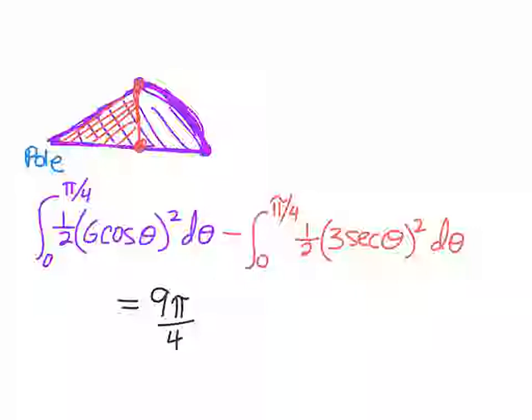Because a counterclockwise movement will give you a positive angle, which would create a positive area. Because really, every 1/2 r squared d theta is the area of a little tiny sliver of the region that you're looking to find the area of. If it's a positive movement, that'll return a positive angle.